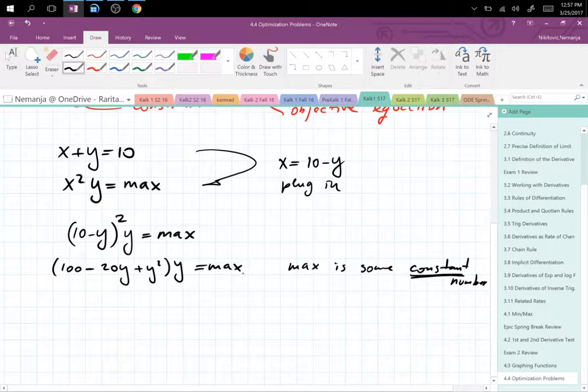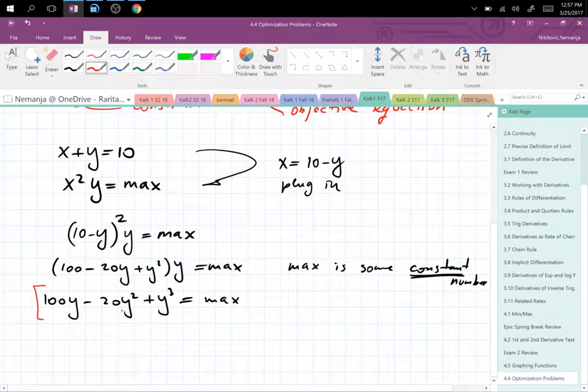Holy nightmare. So that's 100y minus 20y squared plus y cubed equals max. There we go. And then we take the derivative. There's a square there. It was hiding in plain sight.